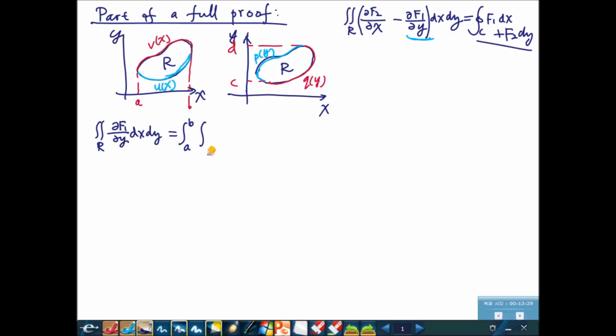Then it's the integral from a to b of the integral from u of x to v of x of ∂f1/∂y dy dx.